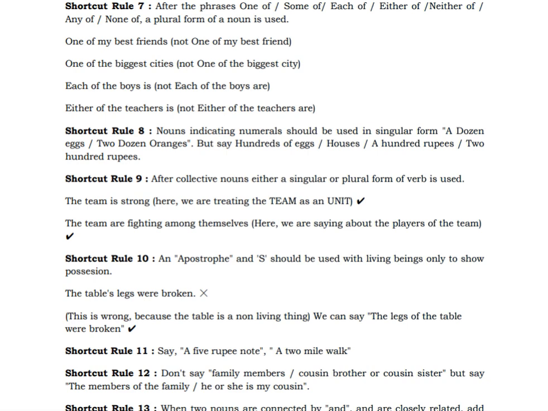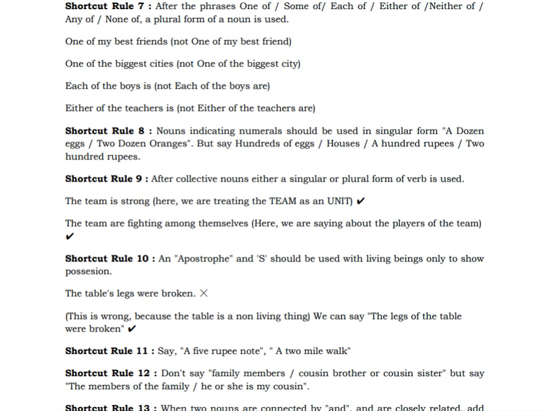So this rule applies not only for one of, because one of quite often comes in the examination. Whenever of comes, like some of, each of, either of, neither of, any of, none of, you have to use plural form of a noun.